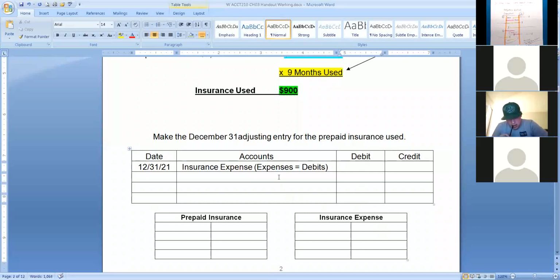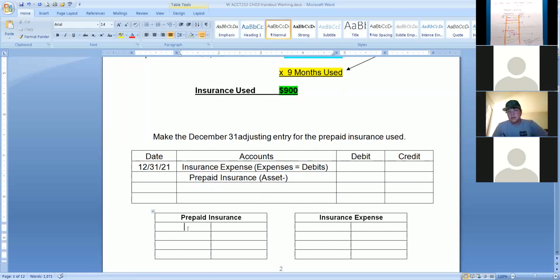Okay, so insurance expense will be the debit. The prepaid insurance will be the credit. Prepaid insurance is an asset, and it's going down. Now, the tricky part.